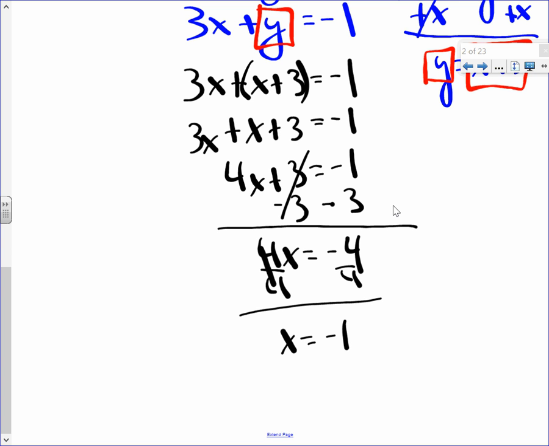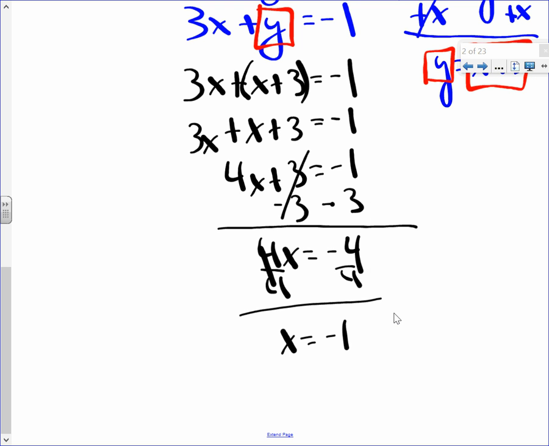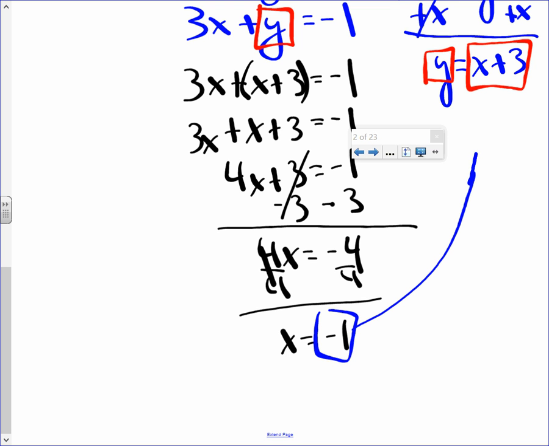This is crazy stuff here. I have some math 3 students that couldn't do this. So you should pat yourself on the back a little bit. We're not done though. Let's substitute this value of x back into y equals x plus 3, and we'll figure out what our y is.